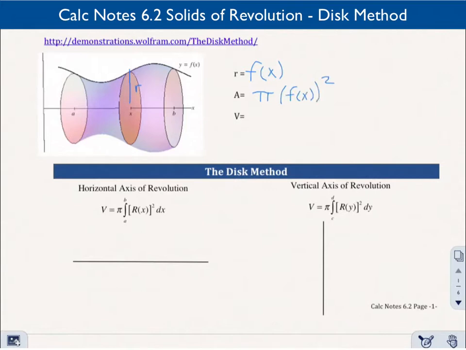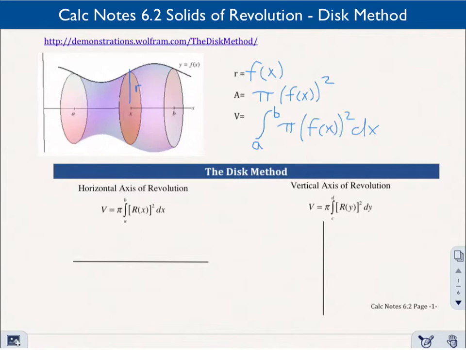And so if we want to find the volume of this entire thing, we're going to take the definite integral from A to B of pi times r squared, which is f of x squared, and then times the width of each of those disks, which is going to be dx.